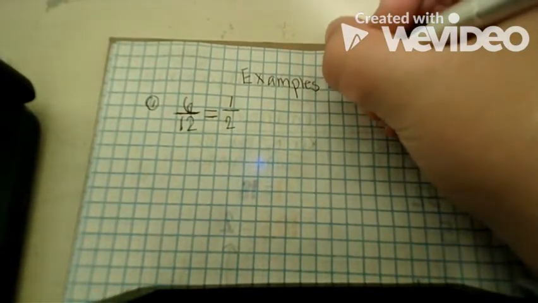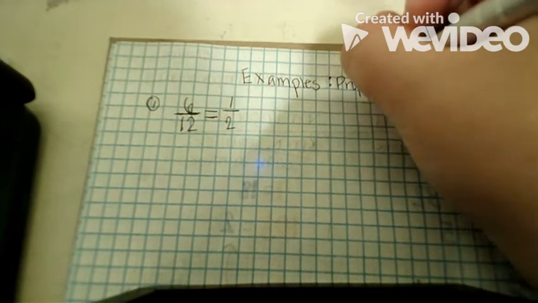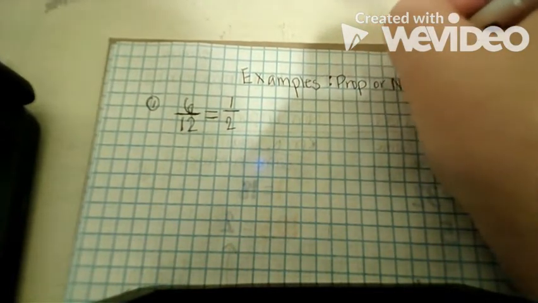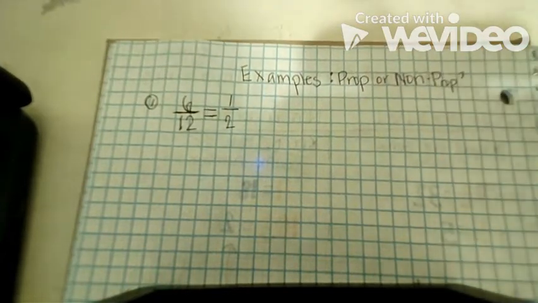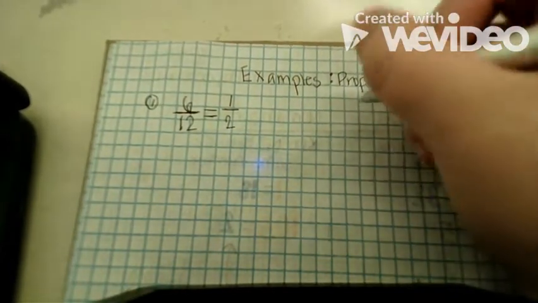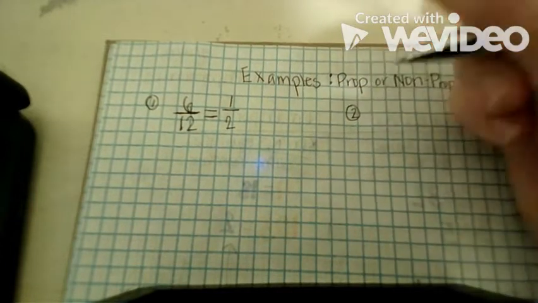So you're deciding if these are proportional or not proportional. Number 2.